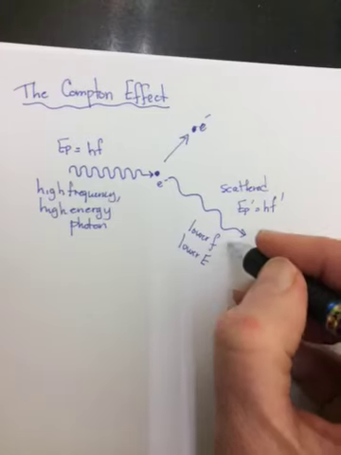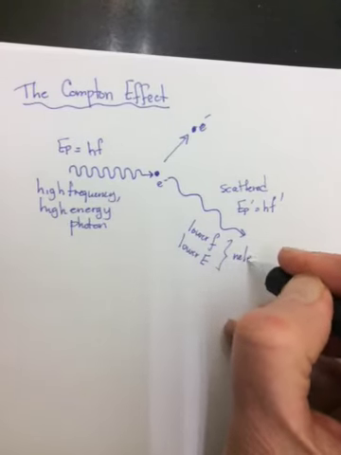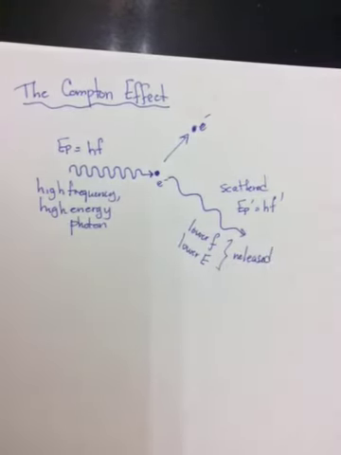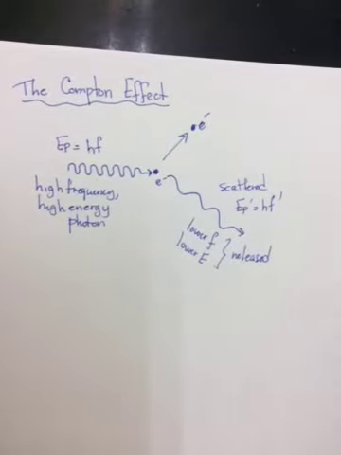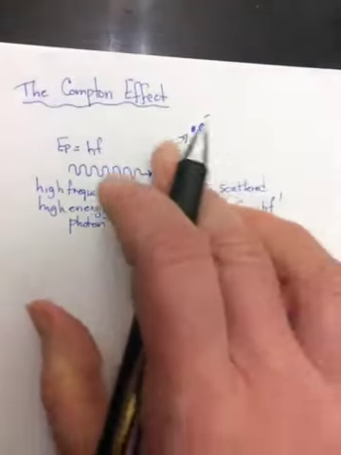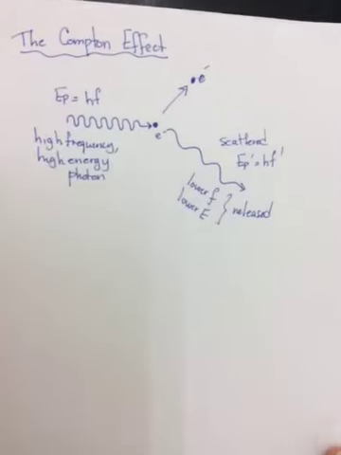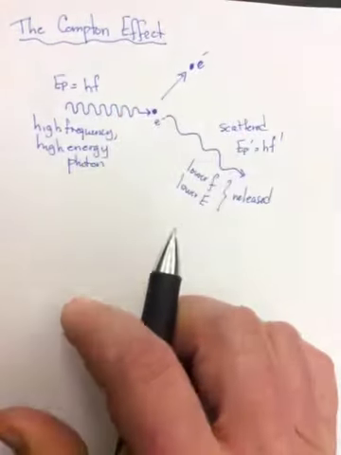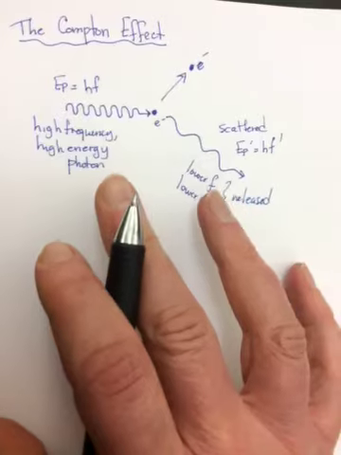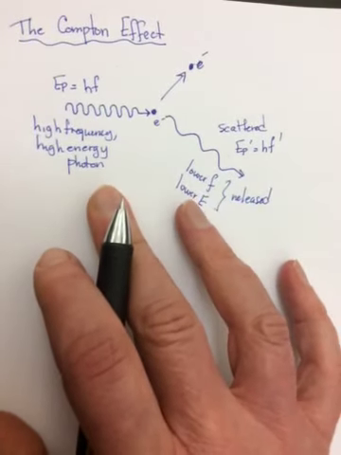When we look at the kinetic energy and momentum of the photons and the electrons, we realize that they are both conserved and that the collision is elastic.